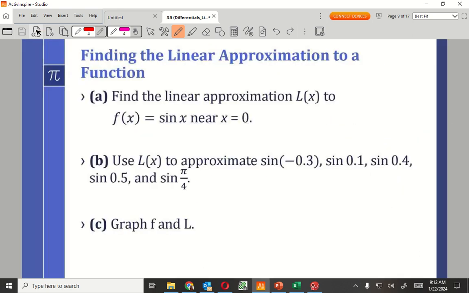All right, went over too far. Use linear approximation for each one of those and then graph. So we could do the same thing using the calculator, because I don't want to actually plug these in like this. So let's see what it looks like using this.